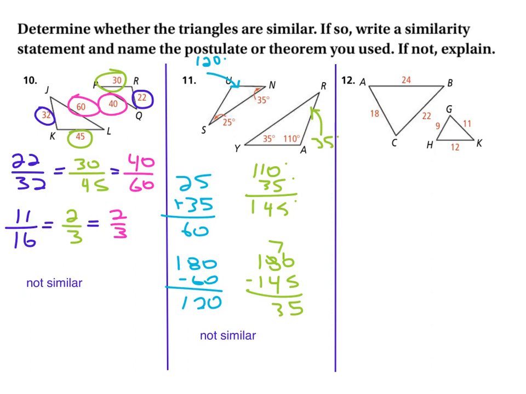Okay? And for this one, we're going to compare just like we did before. I'll use those same colors as before to compare sides. We've got the short side, 9 on this one, 18 on this one. Short side, 9 over 18. We've got the middle length side, 11 here, over the middle length side, 22. 11 over 22.